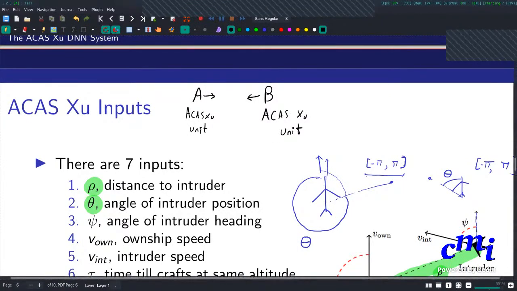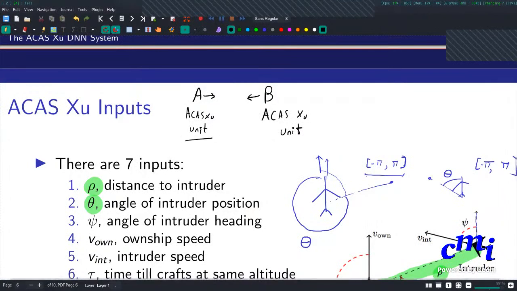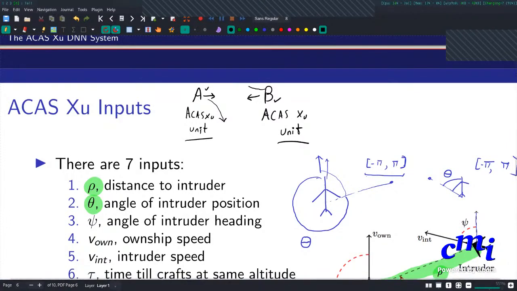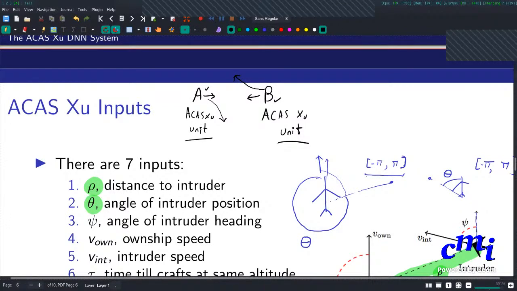And the idea is that A's ACAS-XU unit will talk to B's and guide A to move in a way that will prevent a collision. And B's ACAS-XU unit will talk to A and guide B to move in a way that also prevents a collision. So from each ACAS-XU unit's perspective, the other plane is considered an intruder.